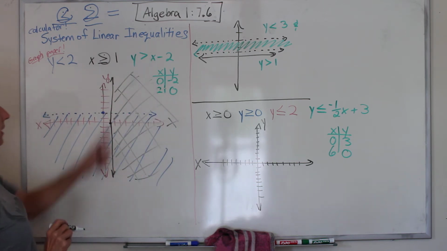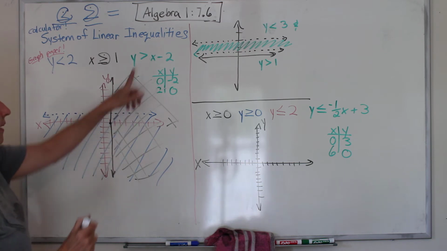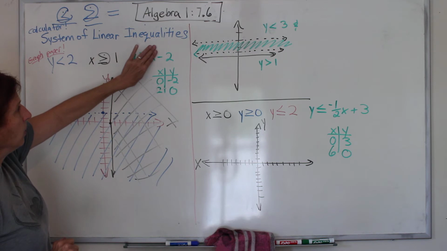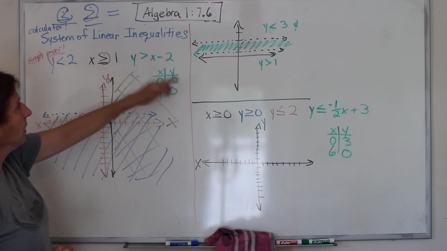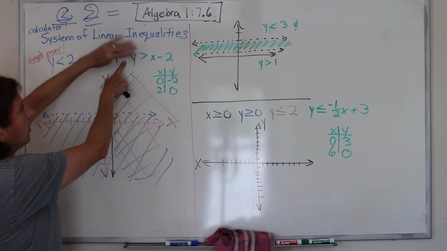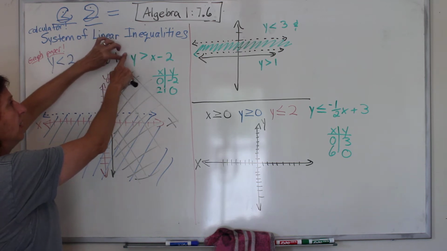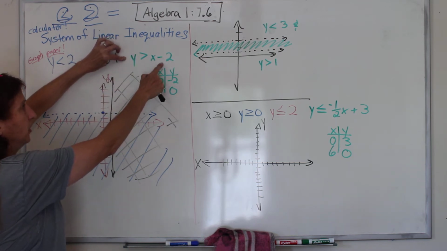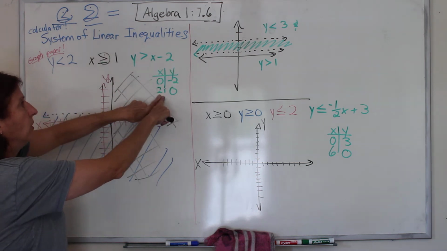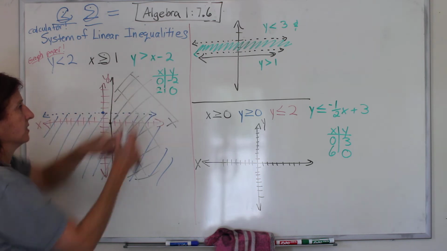Okay. All right, now we're going to do our green one. Now this one we need an if-then chart. If x is 0, y is negative 2. If y is 0, I need to move x to the other side. So it's negative x is greater than negative 2. And then divide both sides by negative, x is less than 2.